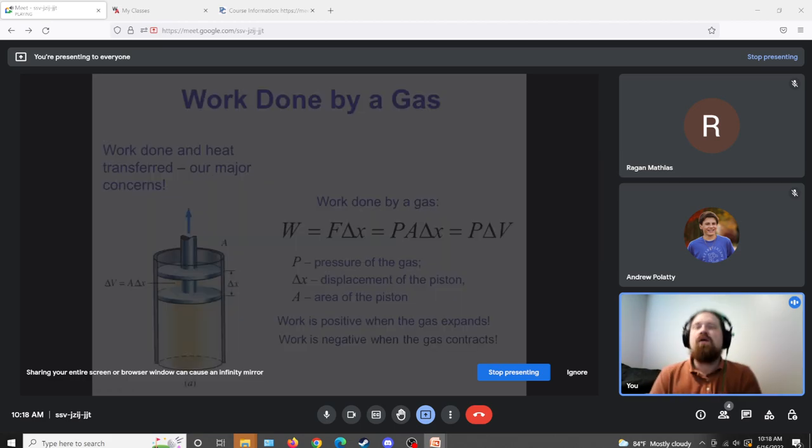So, the first law of thermodynamics reminded us that energy cannot be created or destroyed. You give something energy, it has to still exist. Or you lose energy, it still exists somewhere.